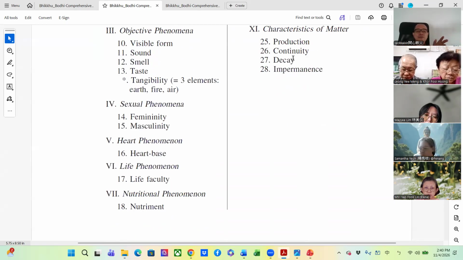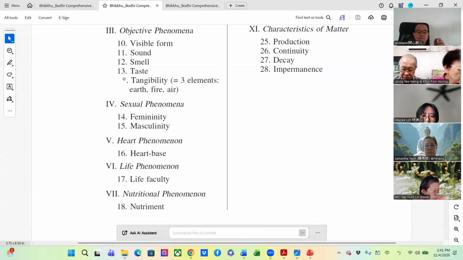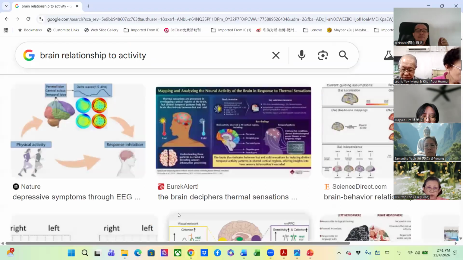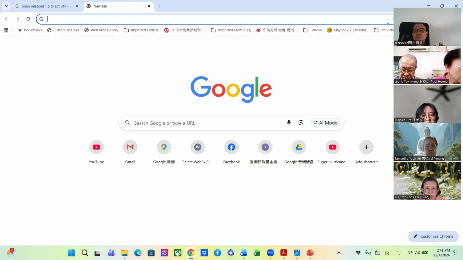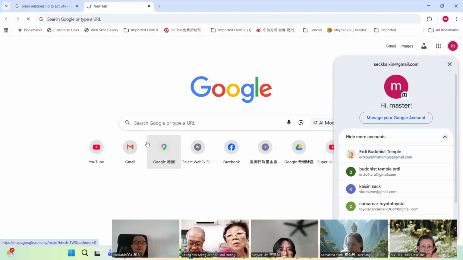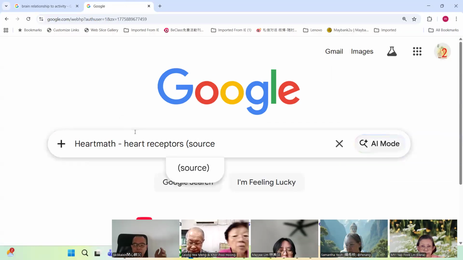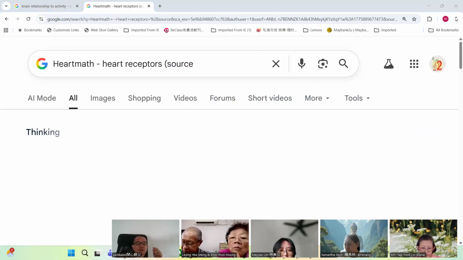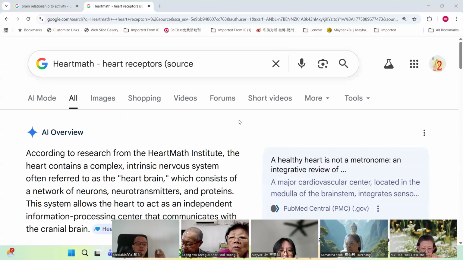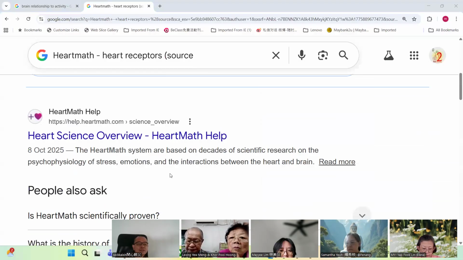Okay, so maybe search something, right? Heart math, heart reception source. Let's see first. Heart receptor, no, I want the disease.